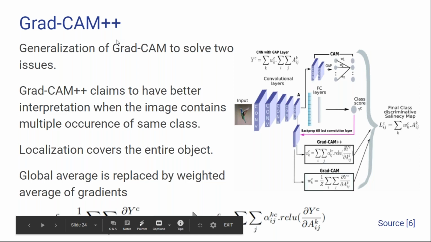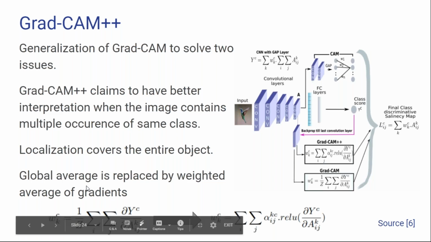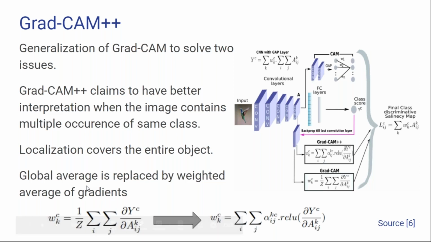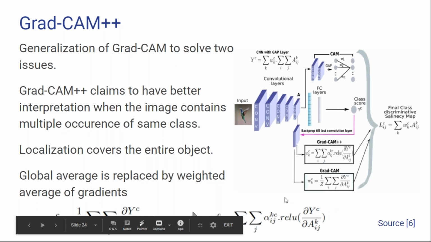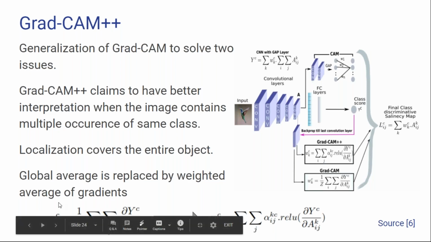I would recommend just using Grad-CAM, but it's good to know that there is something called Grad-CAM++. If it is useful for your purpose, maybe you can use it. It's just a small modification in the weight function, and that will give you a different heat map. But personally I do not see a very big difference in this technique.